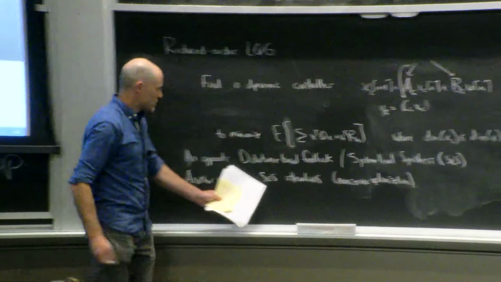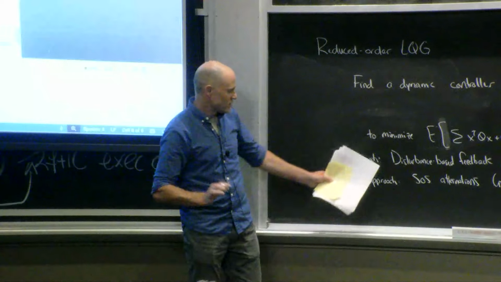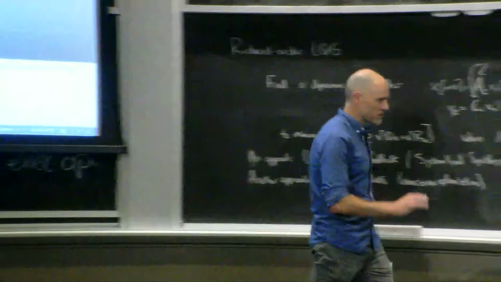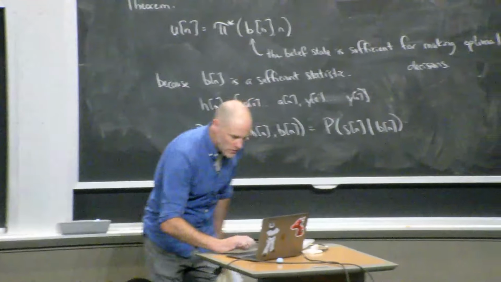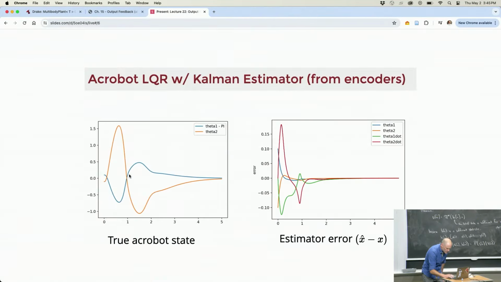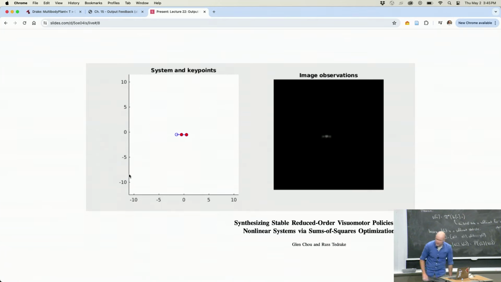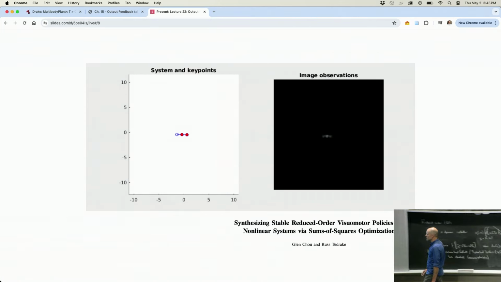You don't need sums of squares in the linear case, but there's a version of sums of squares that simplifies to something pretty reasonable in the linear case, and you can get pretty non-trivial solutions from this.